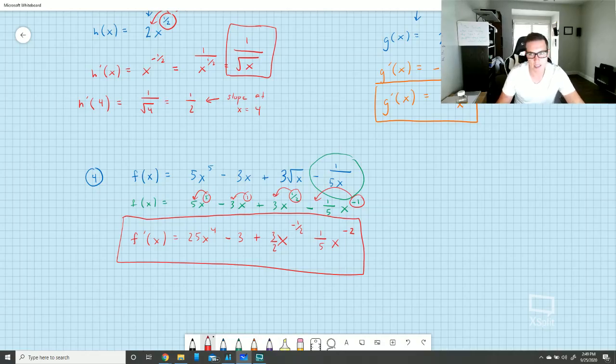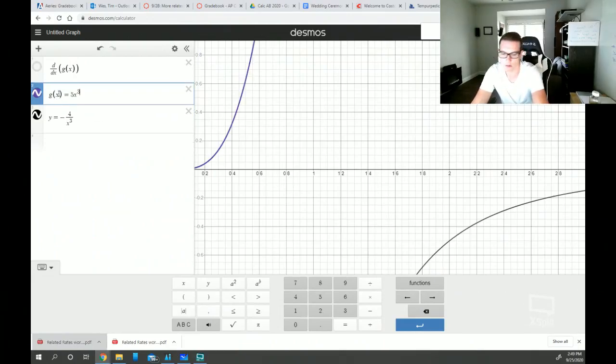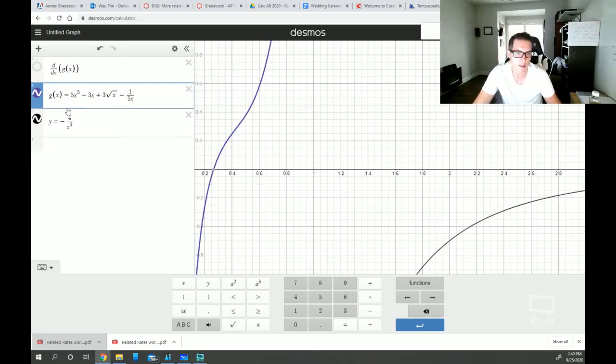And lastly, let's check it and be done with it. So the original function was 5x to the 5th minus 3x plus 3 radical x, and then minus 1 over 5x.